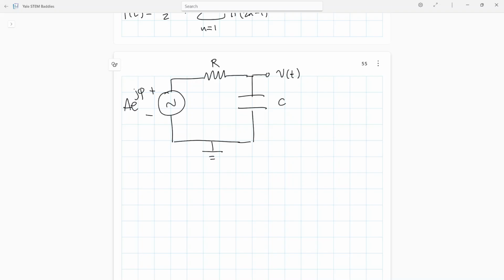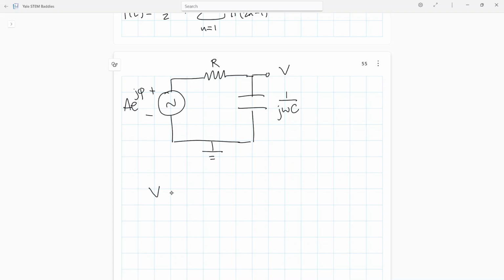The resistor would remain unchanged. Capacitors are represented as 1 over the imaginary unit times the frequency times the capacitance. And then let's replace the voltage with a capital V, just so that we're all clear we're in the phasor domain. Then we could go ahead and solve for V here.